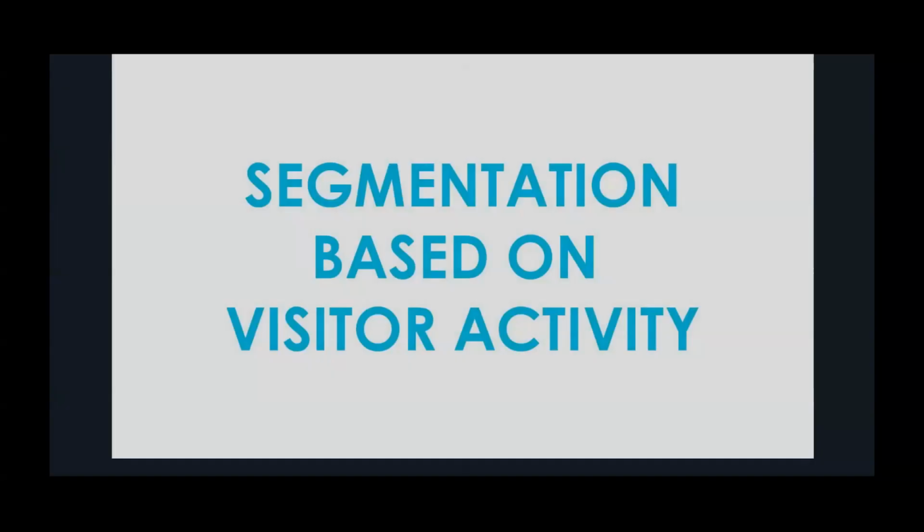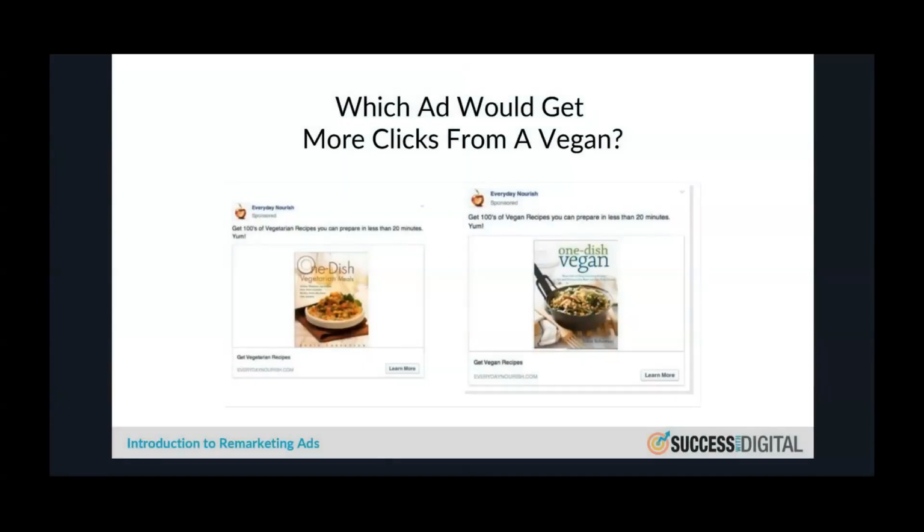So I'm going to talk about segmentation based on your visitors' activity. And this is going to be really important as we get into actually mapping out and planning your retargeting campaigns. So if you were a vegan and you saw these two ads, which ad do you think would get more clicks from a vegan?